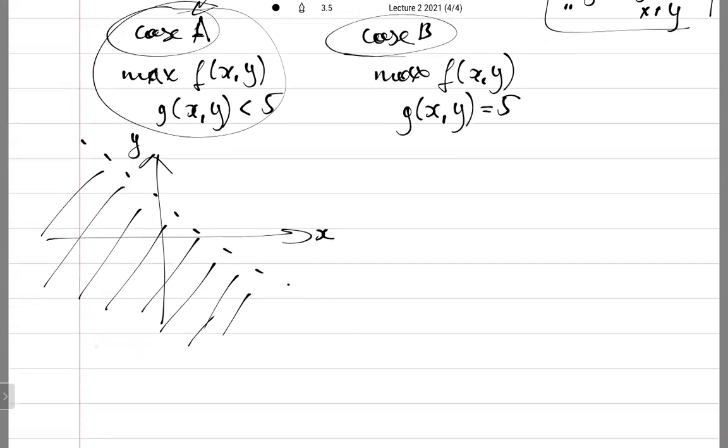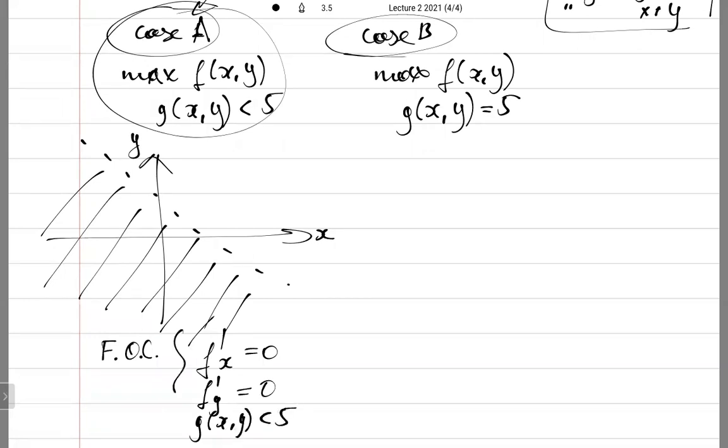So in this case A, the first order condition will be: f prime with respect to x is 0, f prime with respect to y is 0, and my g of x, y is strictly less than 5. So that is the first order condition for case A.